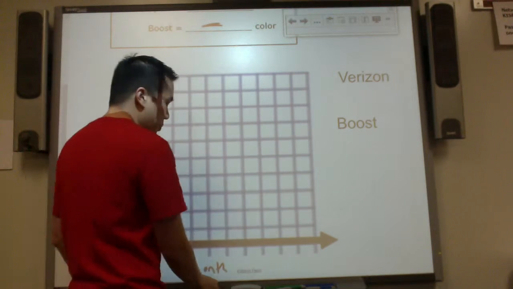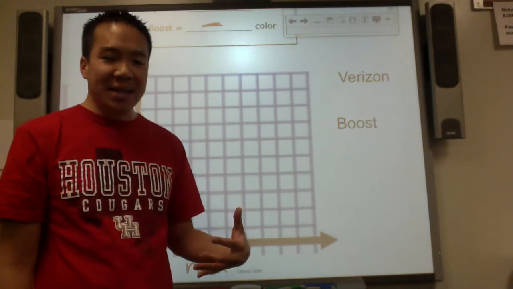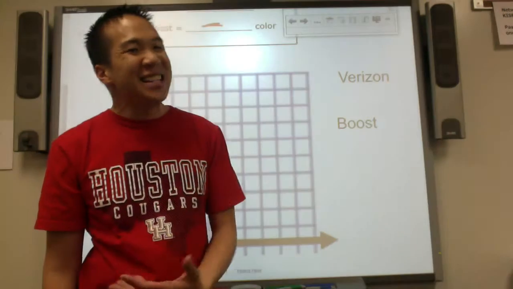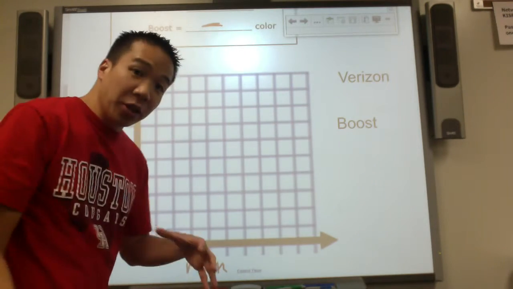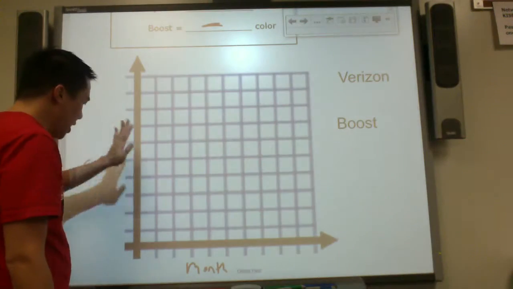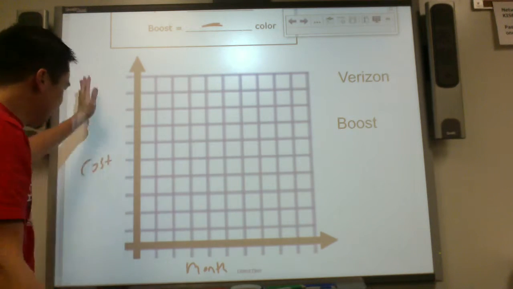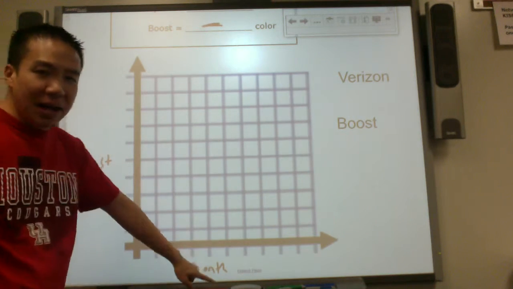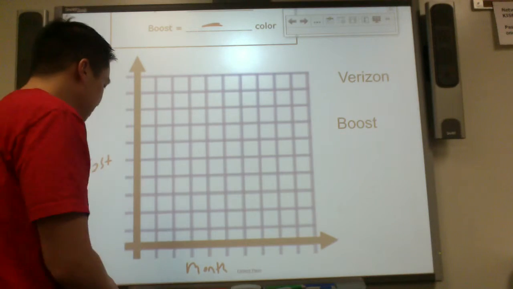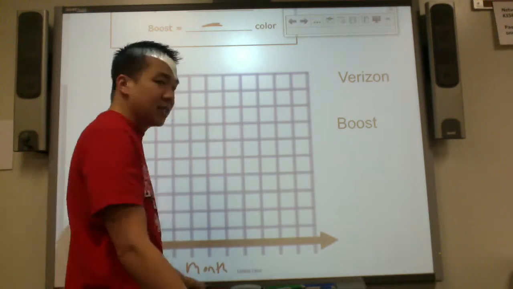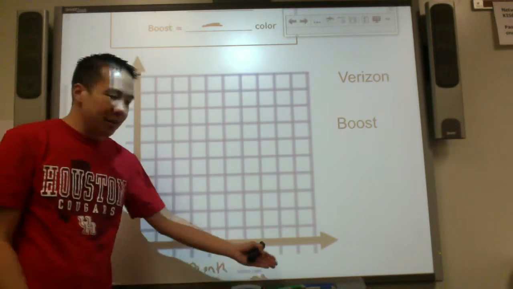Again, in science, you've been learning about dependent variables and independent variables. We are going to be learning that soon. So month is the independent variable, and cost is the dependent. The cost depends on the number of months. Usually time is always the independent variable.